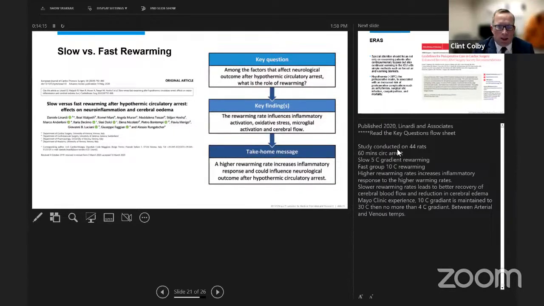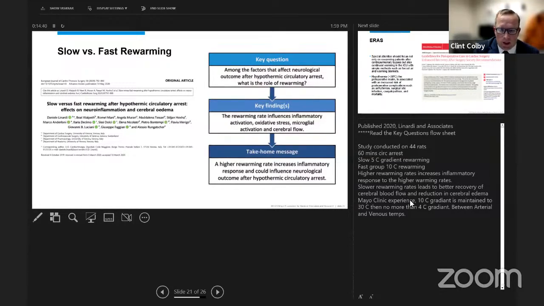The study was conducted on 44 rats. The circ arrest time was 60 minutes. The slow group was rewarmed at a 5C gradient between the arterial and venous. The fast group was 10C. Higher rewarming rates increased inflammatory response.